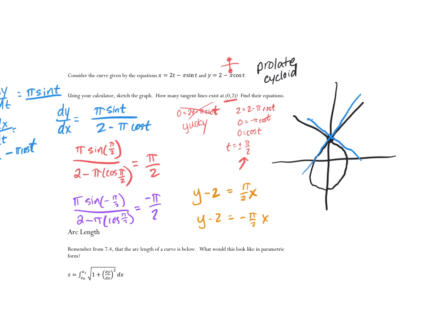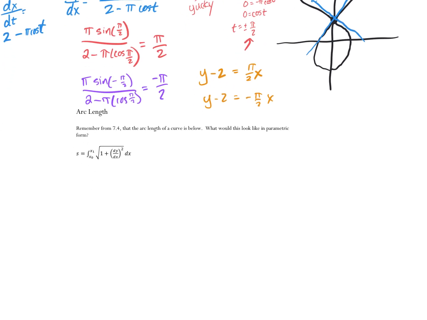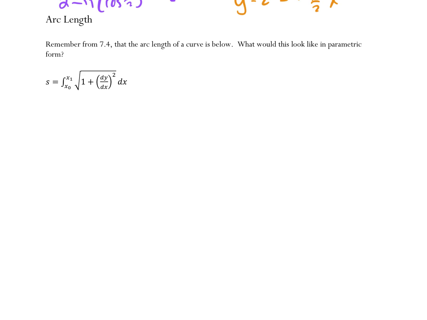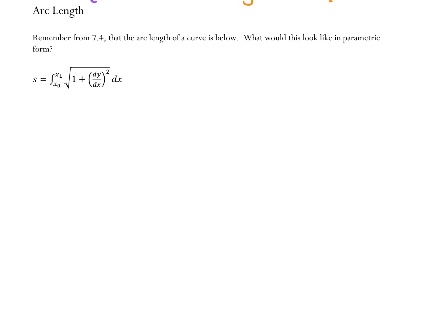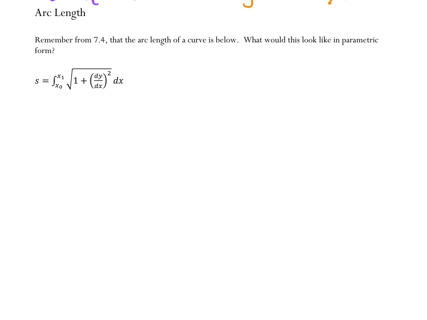All right. So way back in Chapter 7, we learned the arc length formula. My intention for this space in your notes is to write the proof of the formula on the next page, as to how you find the arc length of something in parametric form.